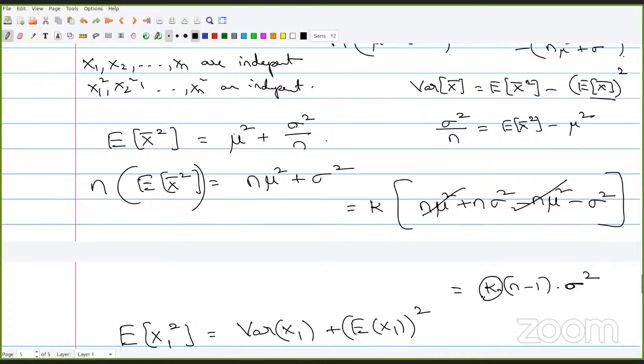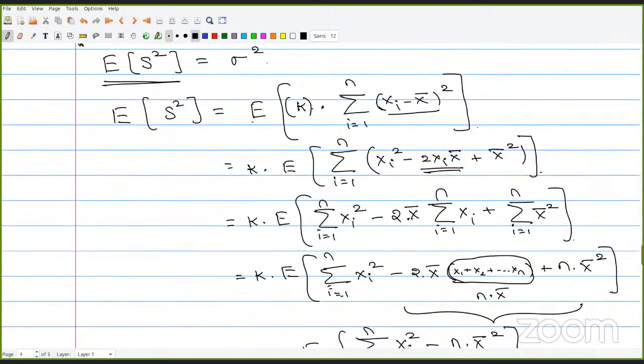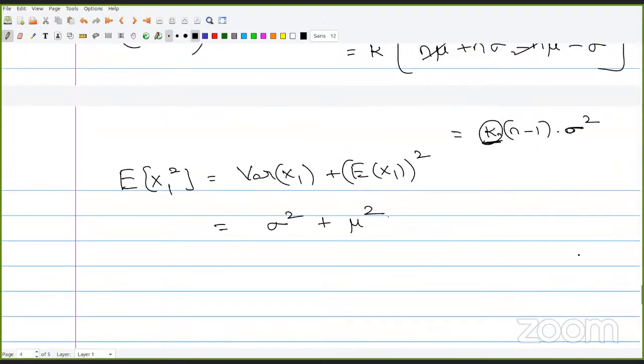So what should be the value of k such that the expectation of the sample variance will be sigma square, the population variance? It should be 1 by n minus 1, so that this and this get cancelled and the expectation of sample variance will be the population variance. That is why we divide by n minus 1.